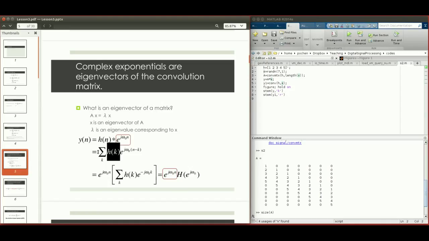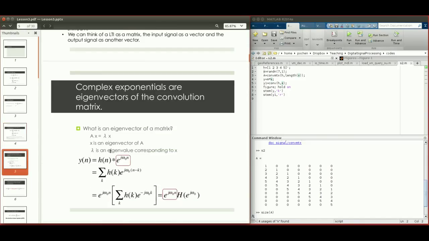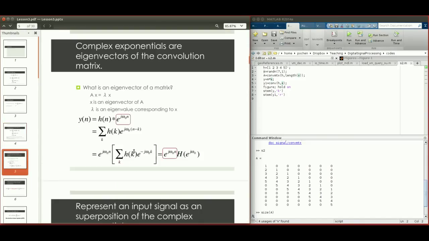What I can tell you is that this formula is consistent with this formula because of the commutation property of convolution. The summation is over k. What depends upon k? h depends upon k. And then e to the j omega 0 times n subtract k.